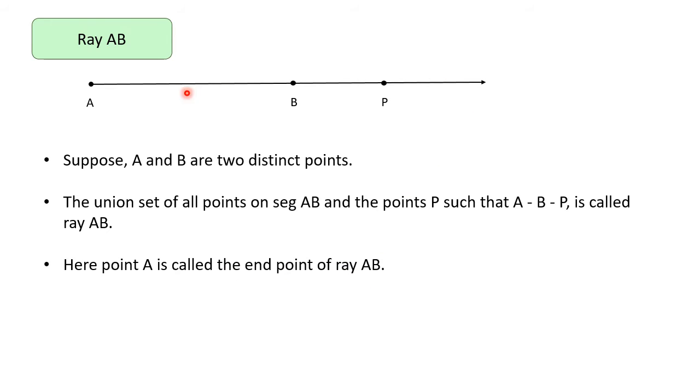So ray has only one end point, which is point A, and on other side, however many points we put on this ray AB, it will go on towards infinity. But on the other side it will have an end, which is endpoint A.